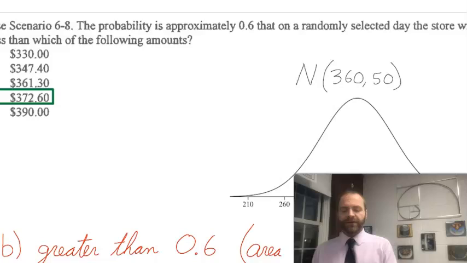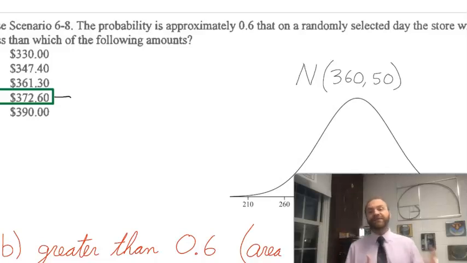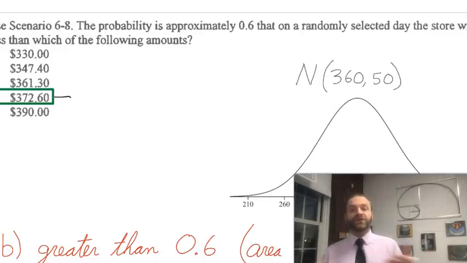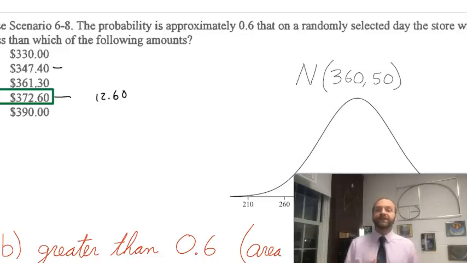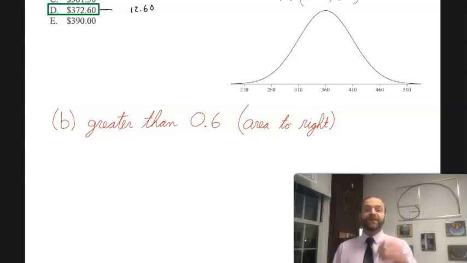The distance from 372.60 to 360 is $12.60. And that's the same distance from that value to 360, $12.60. So choice B was a misunderstanding of the direction that you're trying to find. But we eliminated that by applying logic right away.